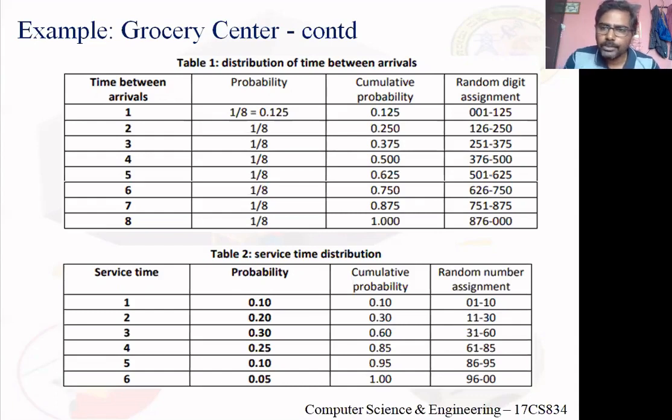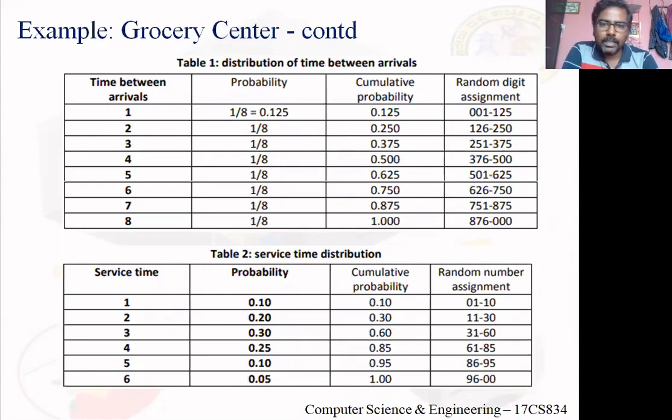Now with this you compute the cumulative probability. The first cumulative probability will be 0.125. Next, 0.125 plus 0.125 is 0.25. Next, 0.25 plus 0.125 is 0.375.